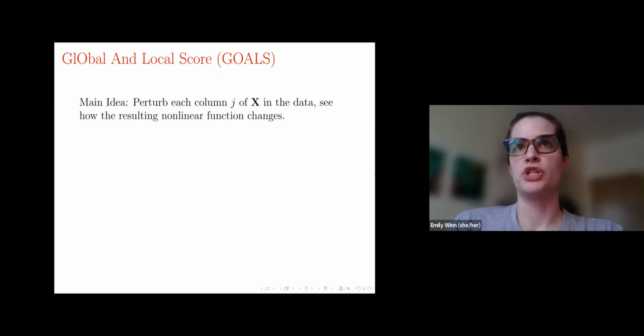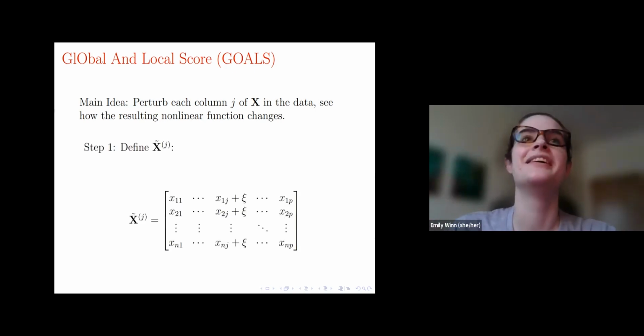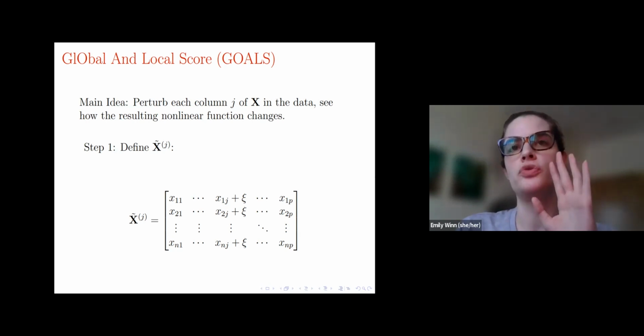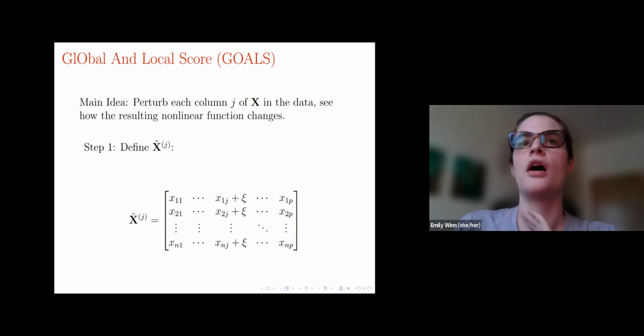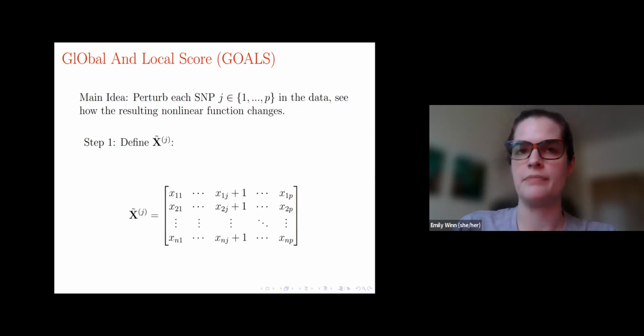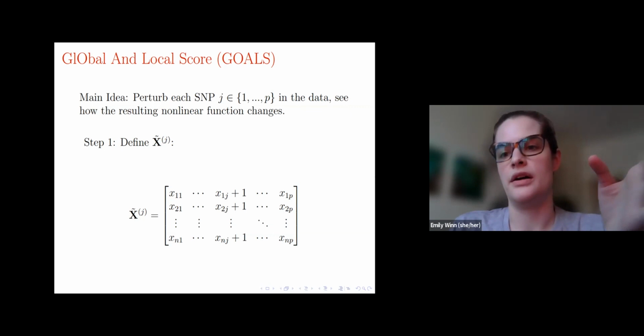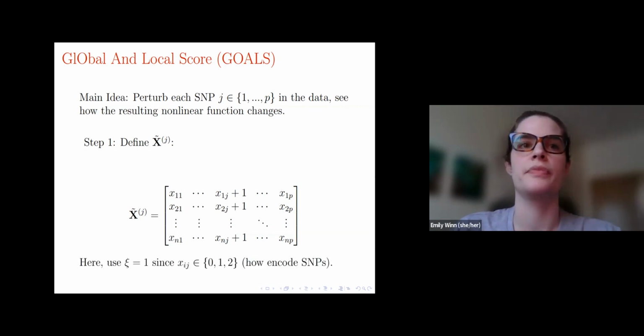The main idea is to perturb each column j of x in the data and see how the resulting nonlinear function changes. That's our overall goal for GOALS. So the first step is to define an x tilde of j, where we add a constant c to the jth column. In our application, we are in genetics, as I mentioned, so we are going to add 1 to every single column.